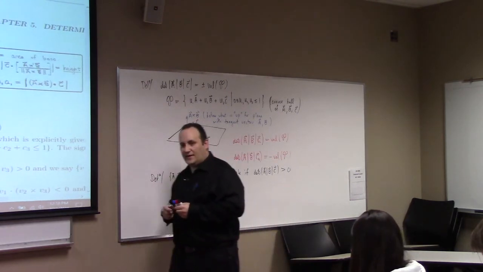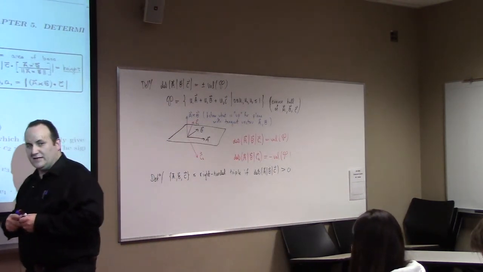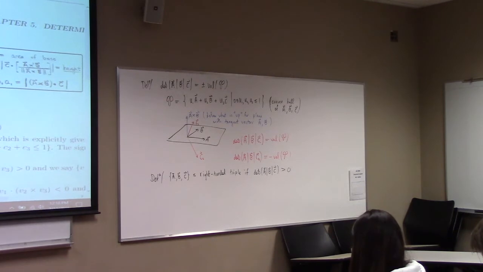If the determinant of A, B, C is negative, that means it's a left-handed triple. Now, sometimes people also assume that A, B, and C are perpendicular, but let me not assume that for our purposes at the moment. Okay?